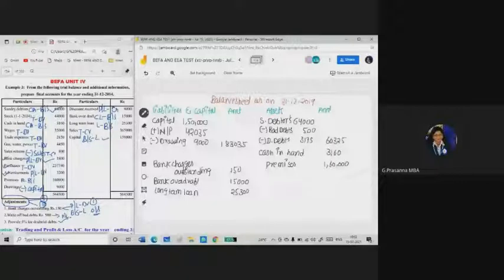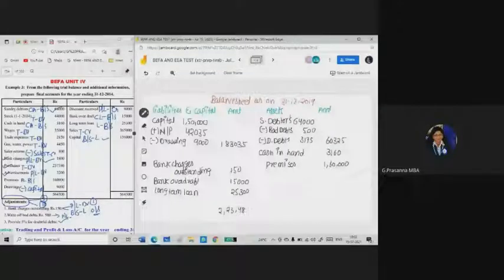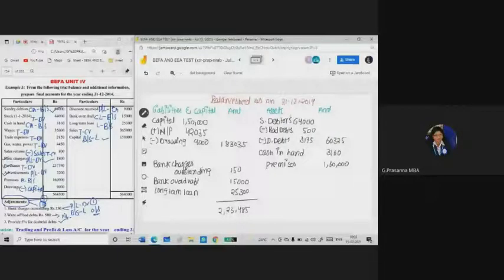So here I am writing 2,23,485. This is the total of the liability side. Now the same total you need to do for the asset side also. 60,325 rupees plus 3160 plus 1,60,000. You are getting the same total, 2,23,485 rupees. It means it is tallied.